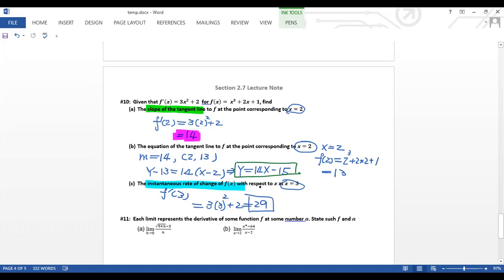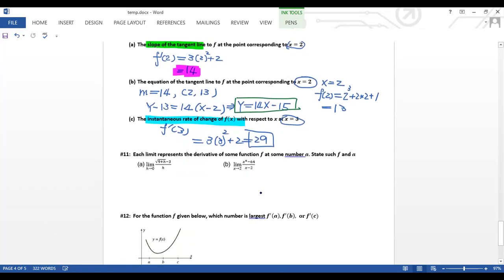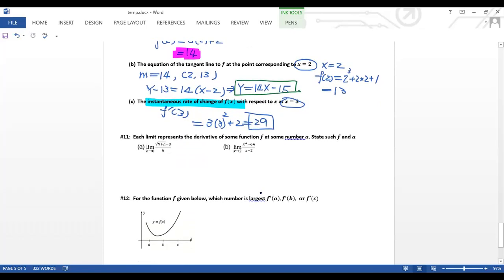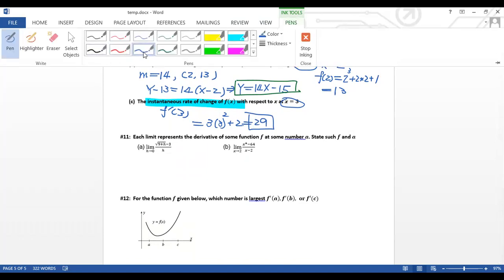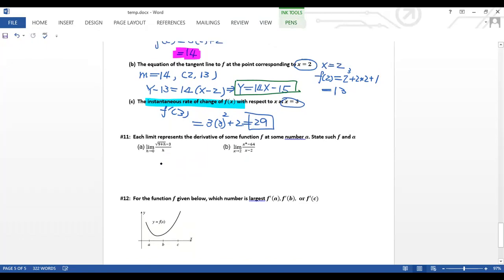Okay, now let's take a look at number 11. Let's find the limit. What is your f function and what is your a? Those are really good problems, right? This is the limit as h approaches 0 of the square root of 9 plus h minus 3, over h.